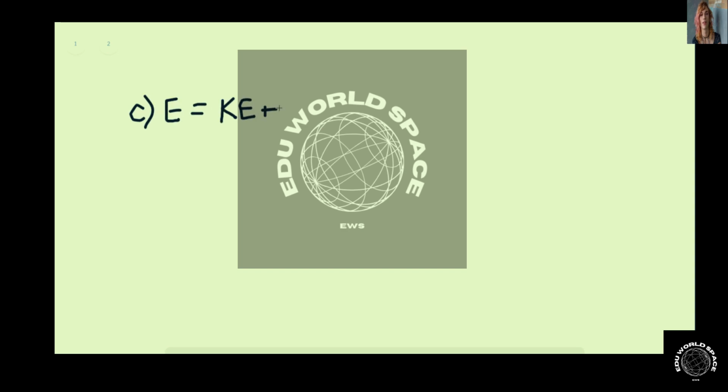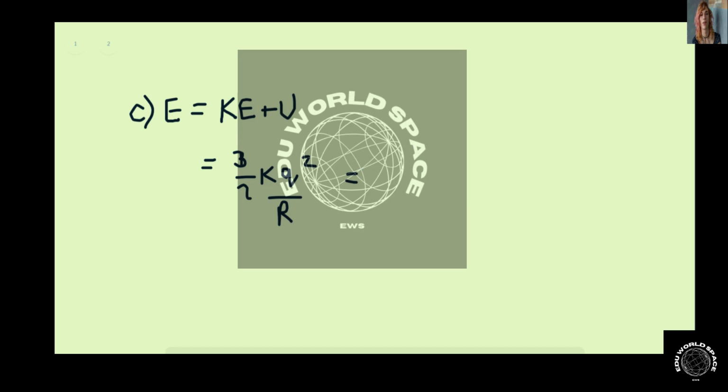So E total is going to be kinetic energy plus potential, and so that's going to be 3/2 kQ squared over r, just using the expressions for kinetic energy and potential energy. So, okay, now I'm going to actually pause it and do the calculation.